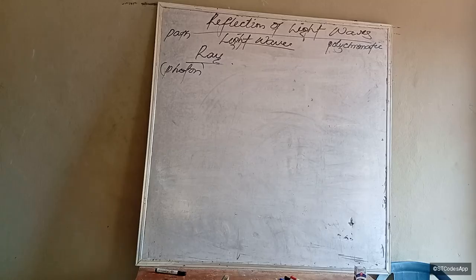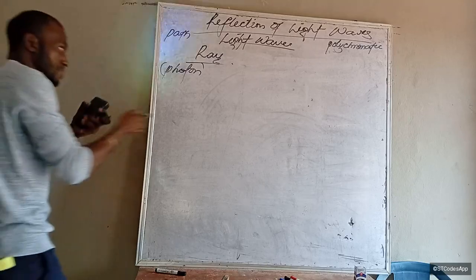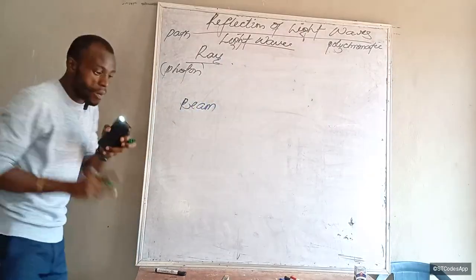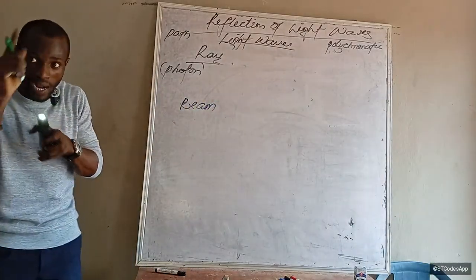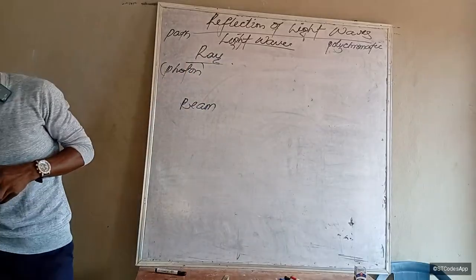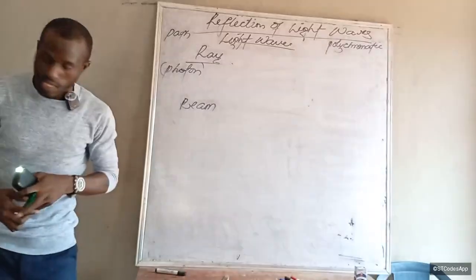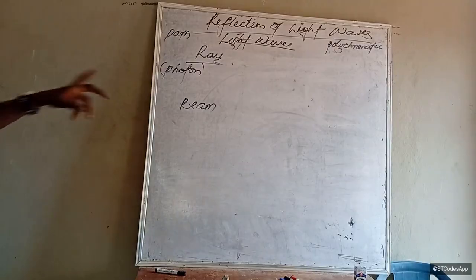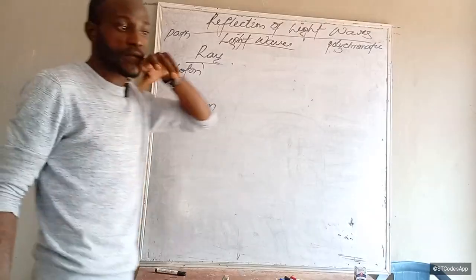What you are actually seeing, the many lines, is called a beam. But we can isolate it into one, and that is called a ray. So a ray is the path taken by a photon of light. Is that clear?